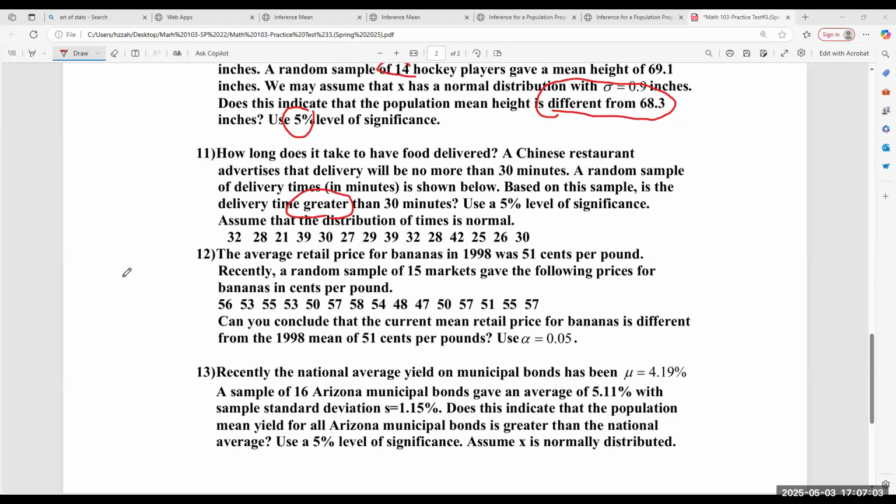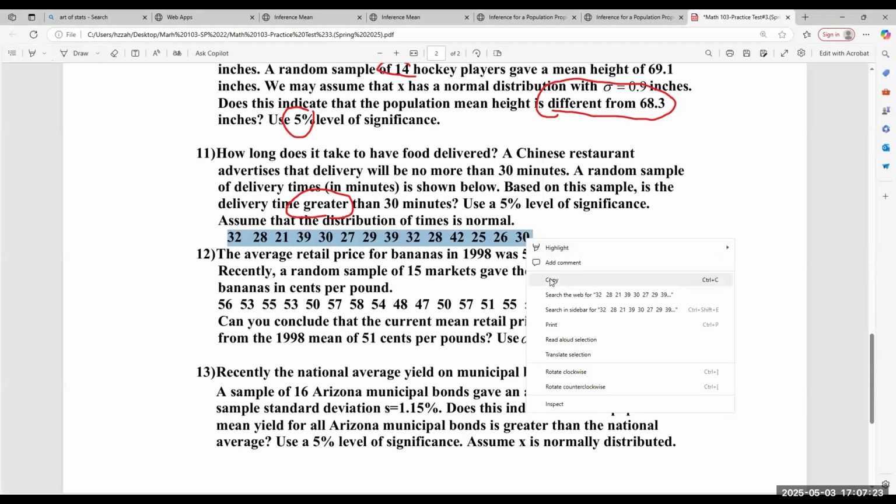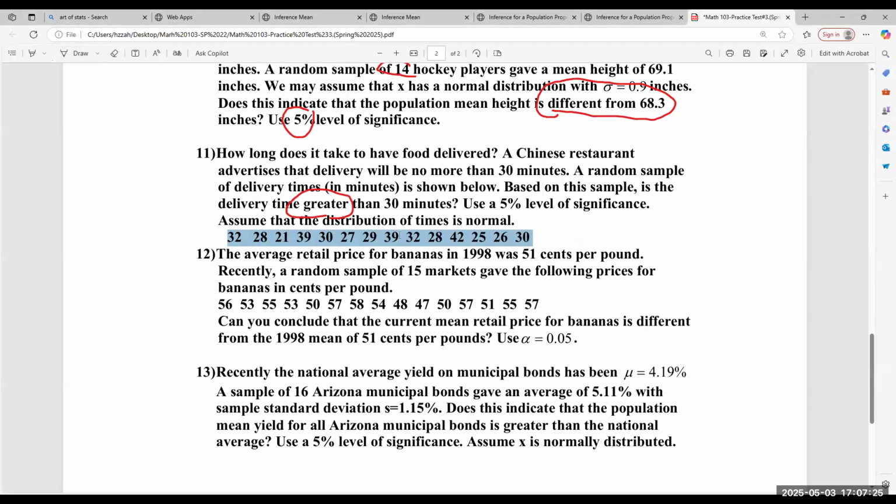I need to get this number and let's go back. Because the values are given, I'm going to paste these values into the application. Copy this. Then we go to the Art of Stat.